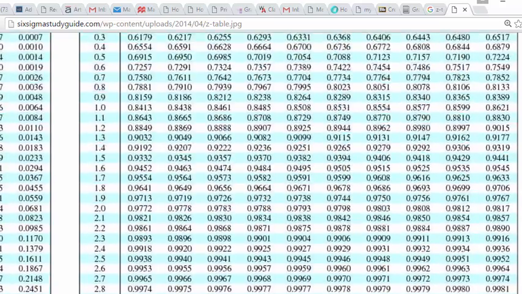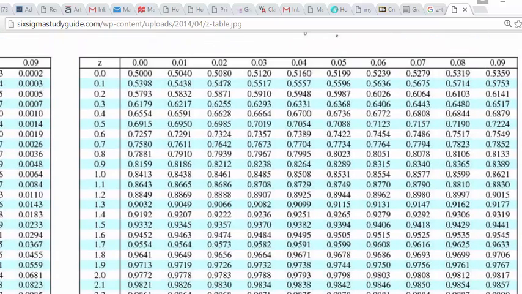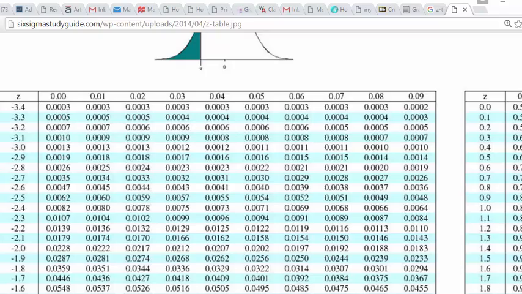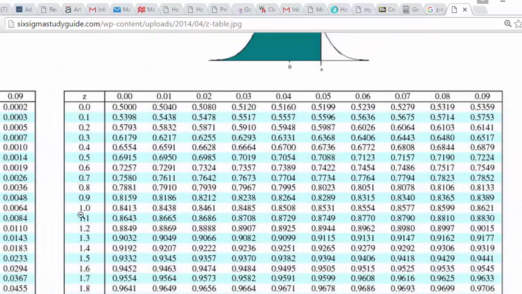Again, one more time, how do we read z-scores? If your z-score is 1.01, then you should be looking at the row that starts with 1.0 and at the column that is 0.01. Why? Because you add 1.0 plus 0.01 and this gives you your z-score, 1.01.